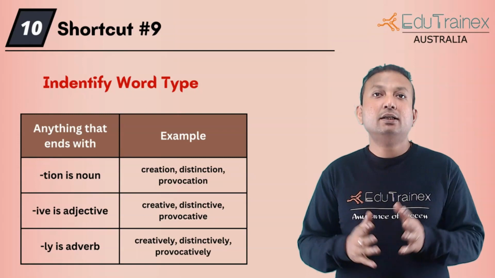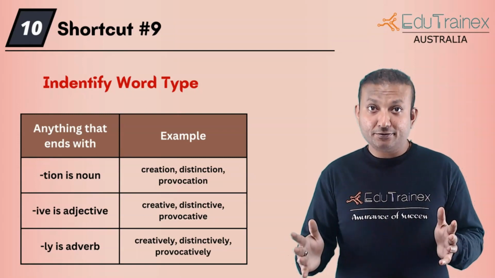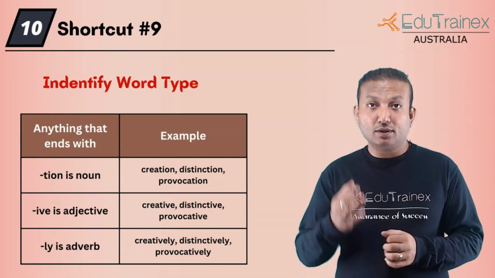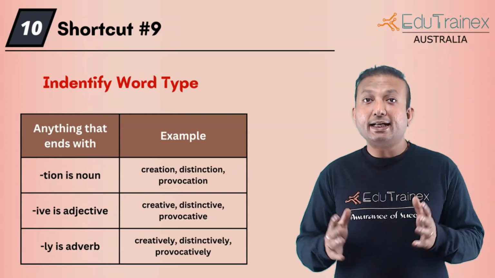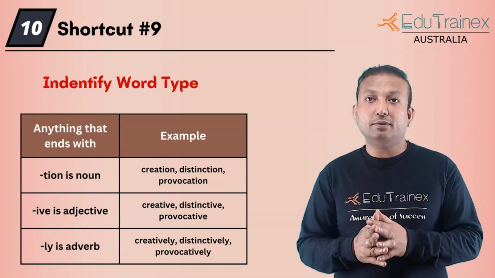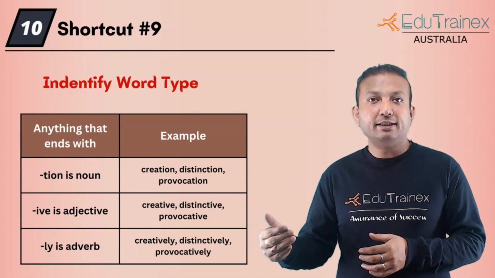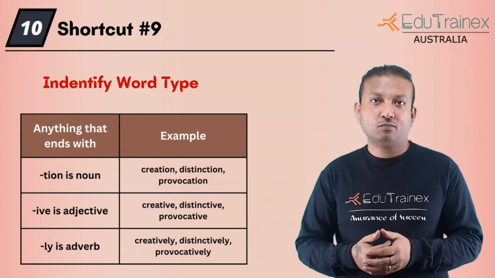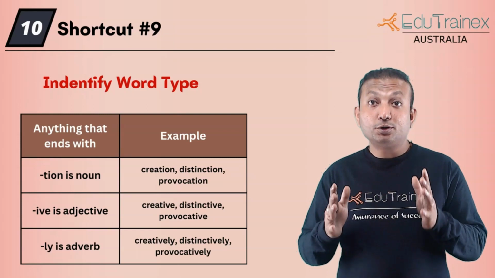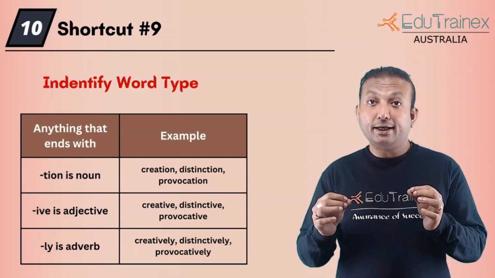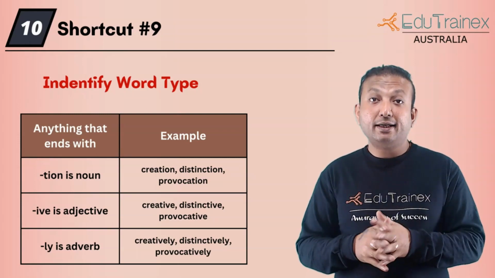For example, creative, distinctive, provocative. Number 3 is anything that ends with "ly" is an adverb. For example, creatively, distinctively, provocatively. So these are some golden shortcuts and I do recommend you note them down and master them.